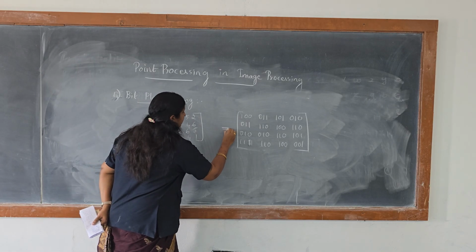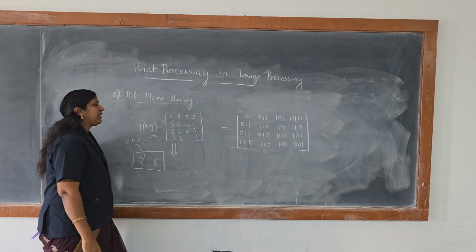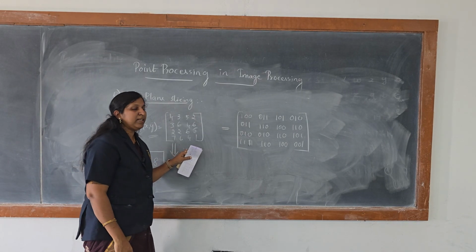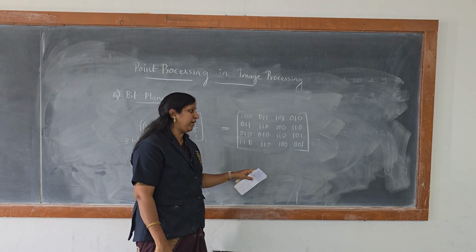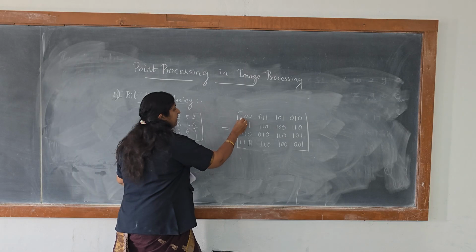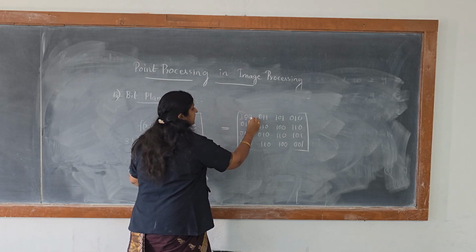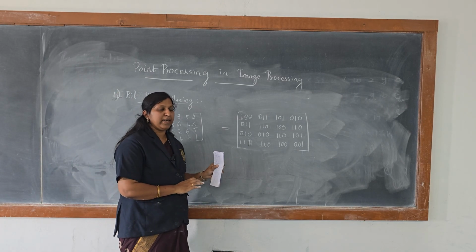I already told you that in bit plane slicing, we take the digital image and convert it into a number of binary images. Here the most significant bit, center bit, and least significant bit are separately considered as 3 different binary images.